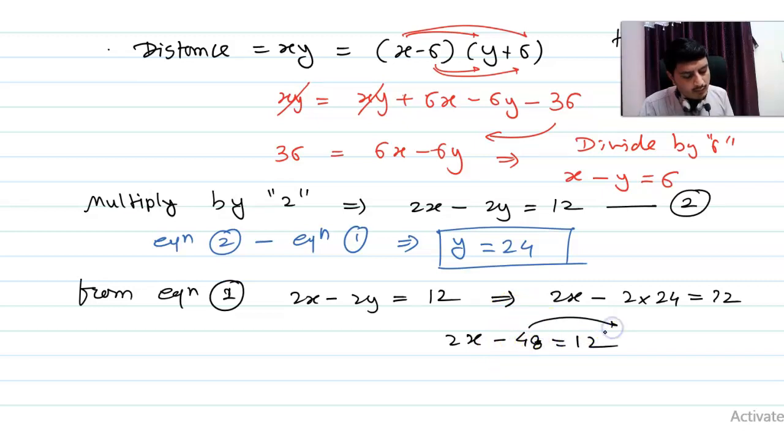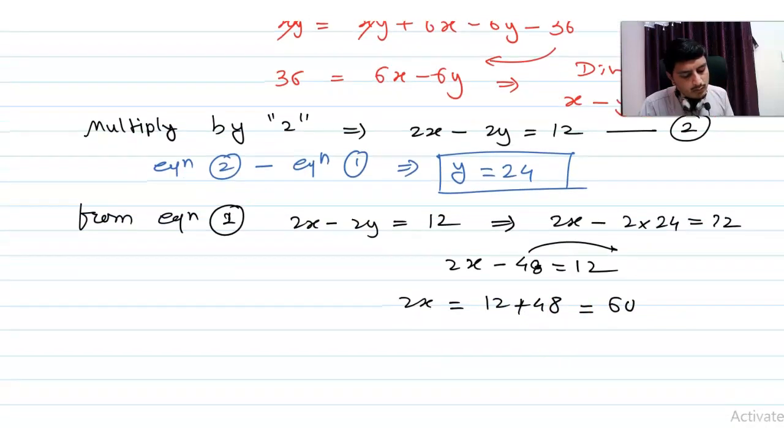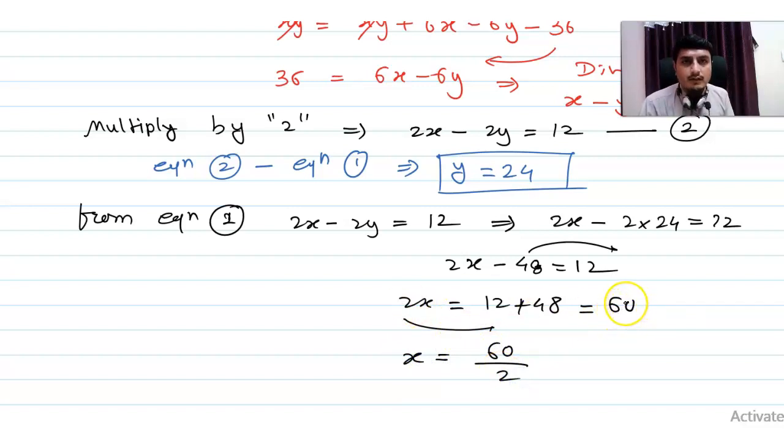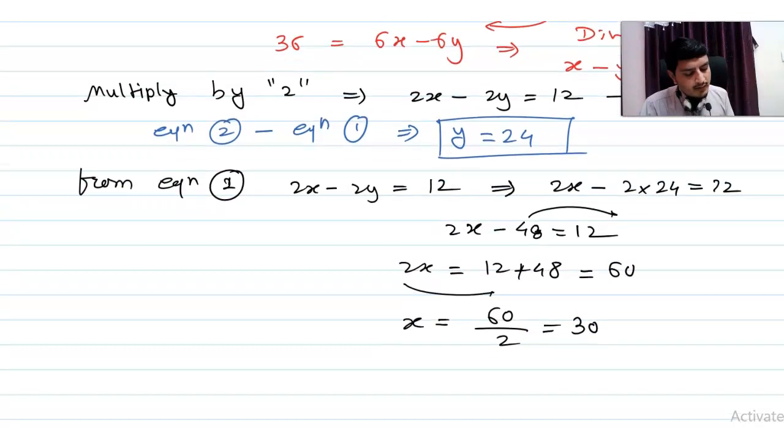Shift that 48 from LHS to RHS: 2x equals 12 plus 48, we are getting 60. Now to evaluate the value of variable x, shift the 2 from LHS to RHS. 2 is a multiplier, after shifting it will become a divisor to 60. 60 divided by 2, we are getting 30.